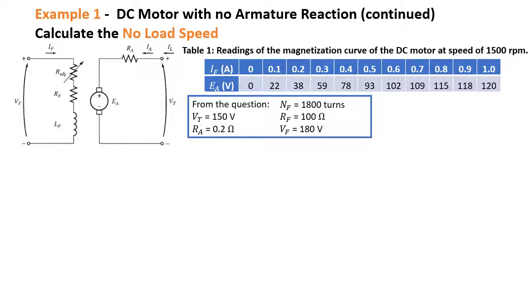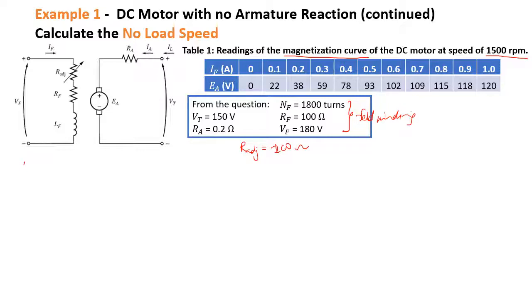Table 1 is the magnetization curve at 1500 RPM, and the information that we have: VT is 150 volts, RA is 0.2 ohms. For the field winding, RF is 100 ohms, VF is 180 volts, and R adjustable is set at 200 ohms.